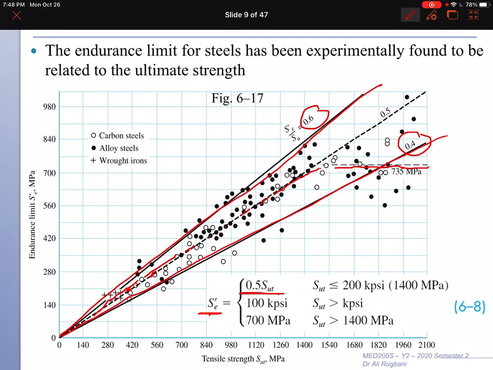Okay, but if you have a very strong material with a strength of more than 1.4 gigapascal, then you just take a fixed value for endurance limit. So for any 1.4 gigapascal ultimate strength or more, your endurance limit will be 700 megapascal. Otherwise, endurance limit is 0.5 ultimate strength.